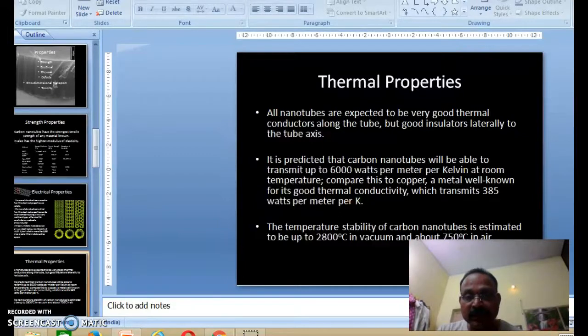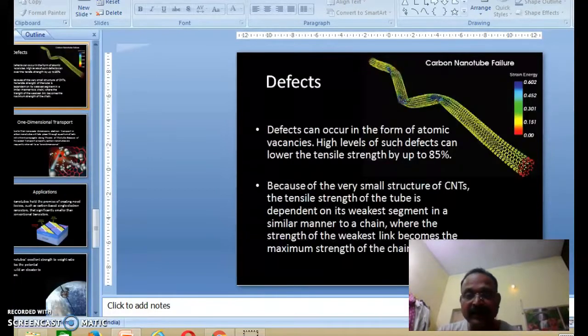Compare this to copper, a metal well known for its good thermal conductivity, which transmits 385 watts per meter per Kelvin. The temperature stability of carbon nanotubes is estimated to be up to 2800 degrees centigrade in vacuum and about 750 degrees centigrade in air.